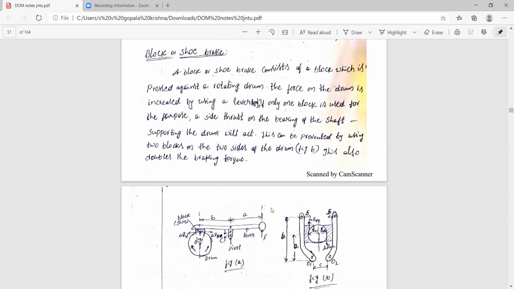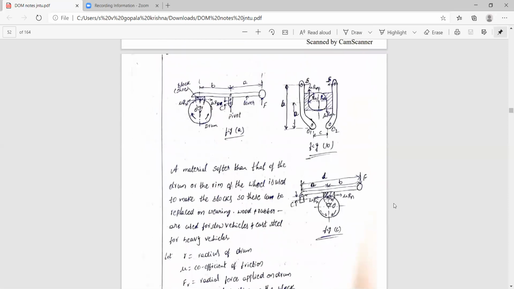Here figure A, figure B and figure C, three figures, are available for our derivation. Figure A and figure C belong to one case, the single shoe brake, and figure B represents the double shoe brake.